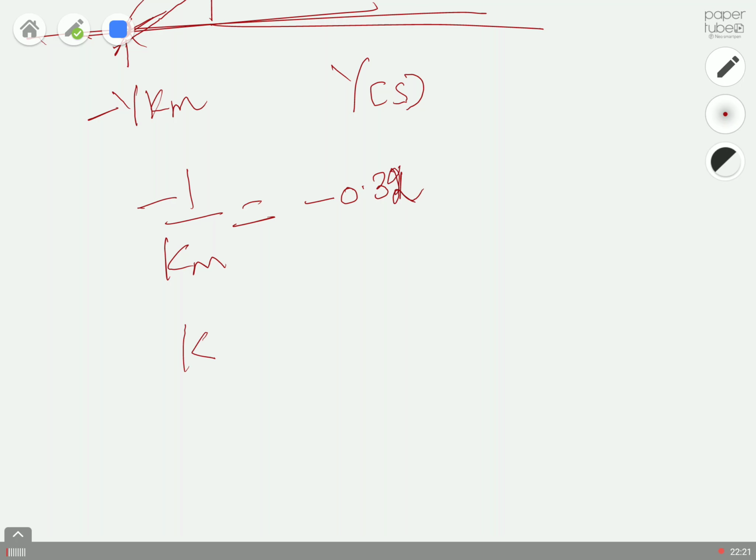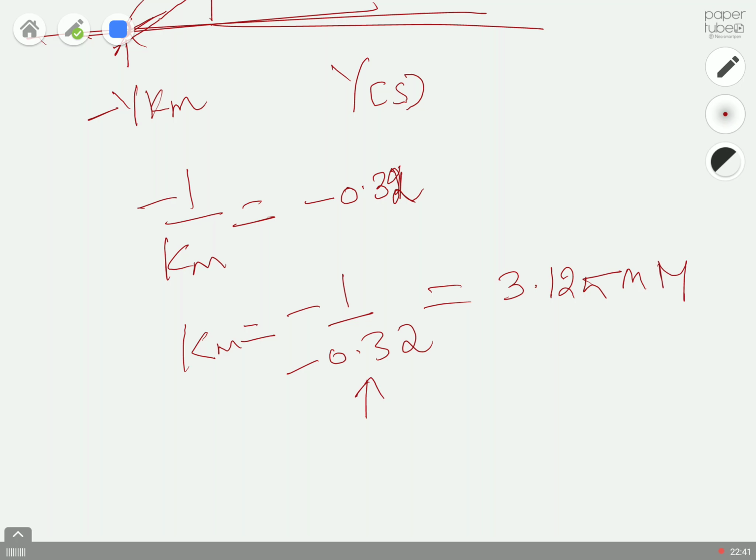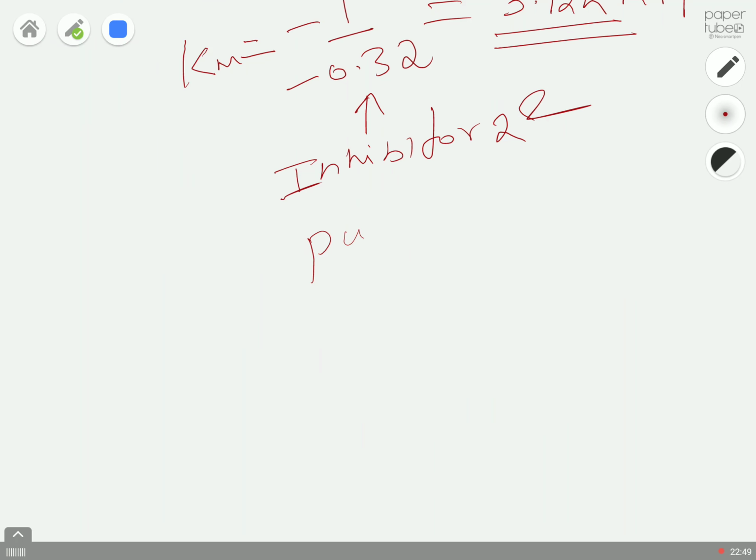So therefore km is equal to minus 1 by minus 0.32, which is 1 by 0.32, which will be equal to 3.125 millimoles. So this is for your inhibitor 2, and also this is the value of your pure enzyme as well.